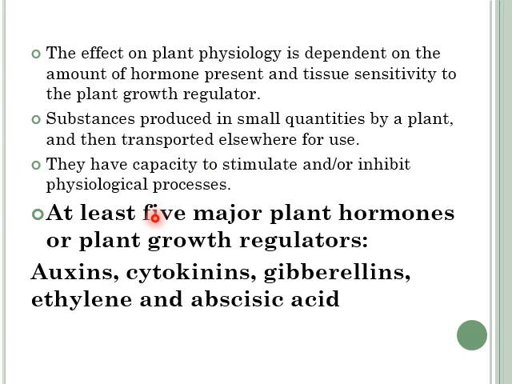At least 5 major plant hormones or plant growth regulators are: auxins, cytokinins, gibberellins, ethylene and abscisic acid.